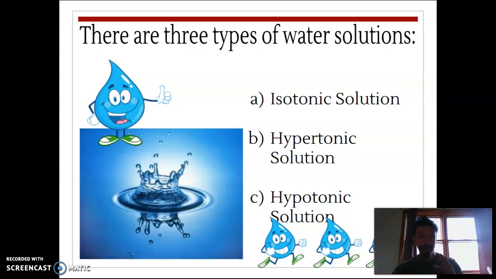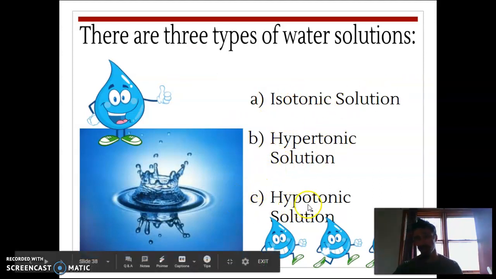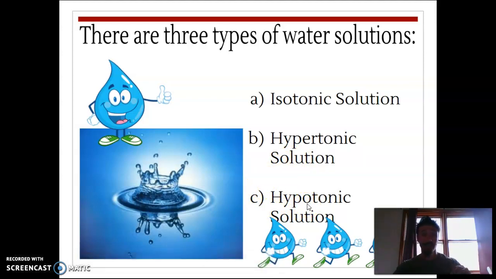We are putting our egg, which represents the cell, in these types of environments. We're going to put it in an isotonic solution, a hypertonic solution, and a hypotonic solution. And in the following slides, we're going to see what happens to cells when they're put in these solutions, and how osmosis affects the cell's homeostasis.